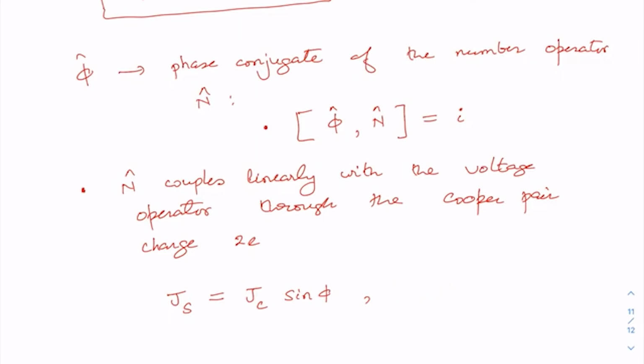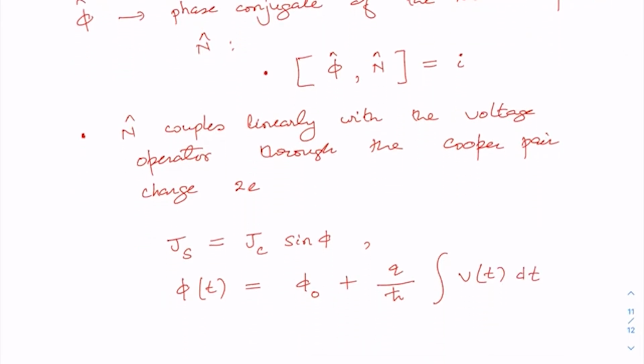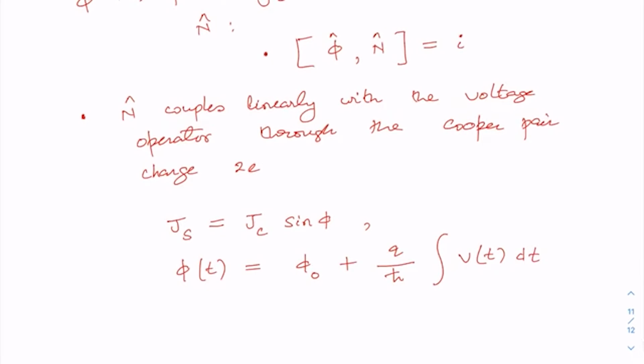You recall that this is the phase at time t, and it is associated with the phase at time t equal to 0. Now all these quantities would become operators, and this voltage operator is going to be coupled linearly with this number operator, through the Cooper pair charge 2e.